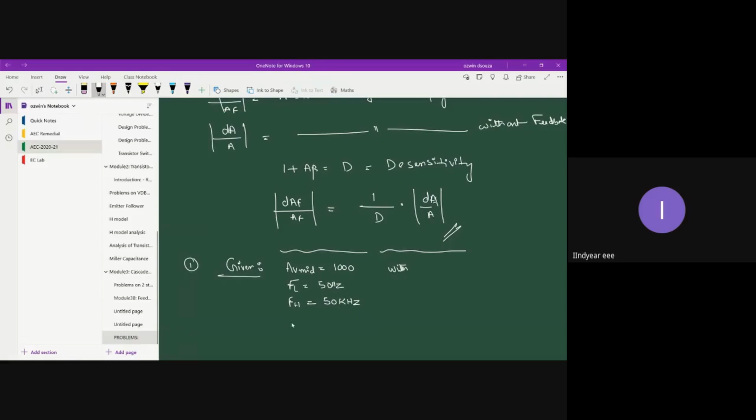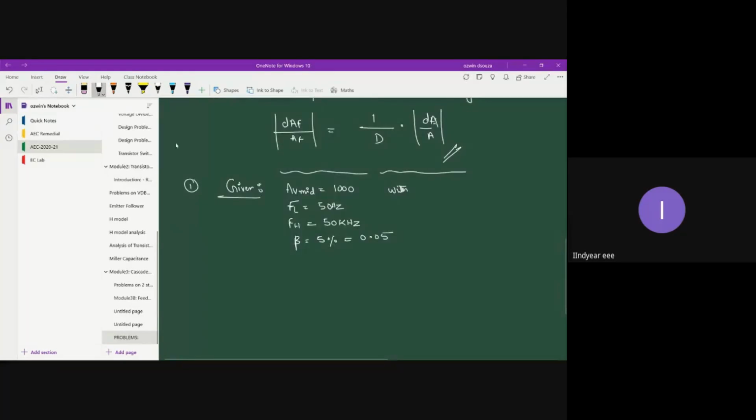If 5% feedback is applied, so beta is equal to 5%, which is equal to 0.05. Calculate FL, FH and bandwidth with feedback.